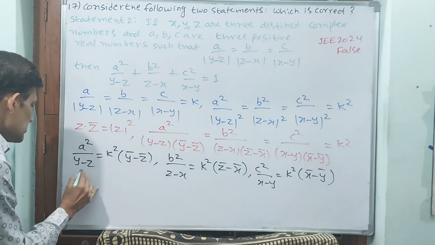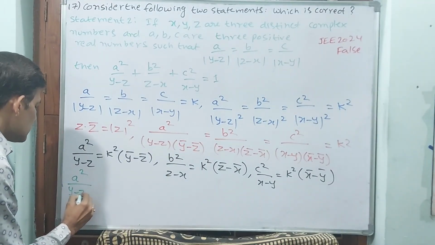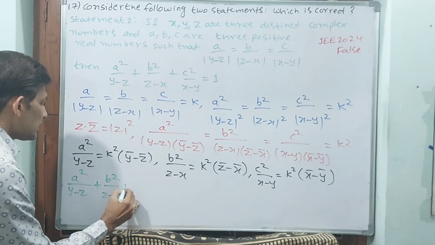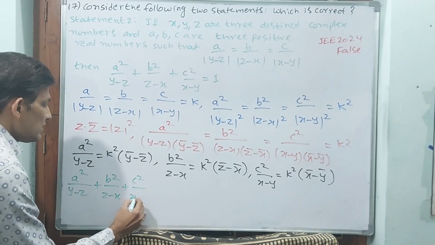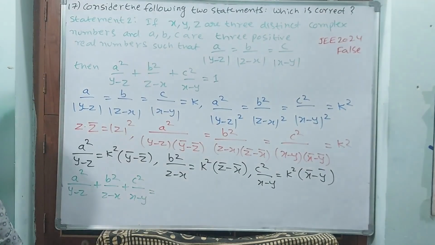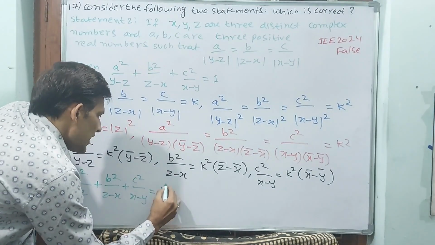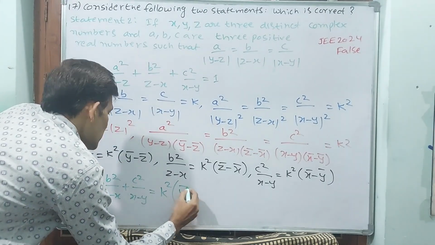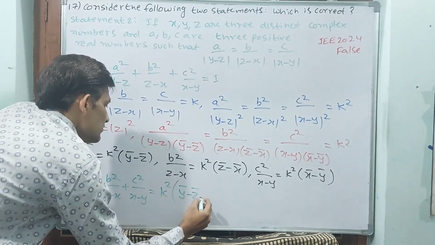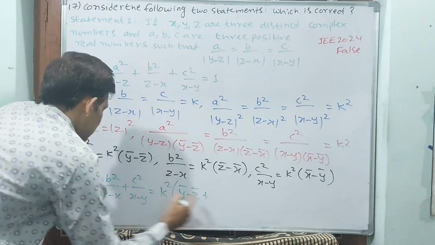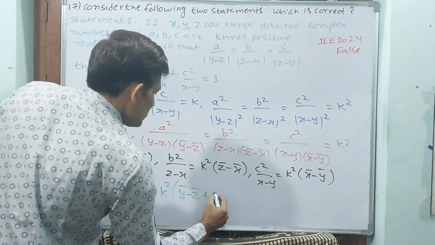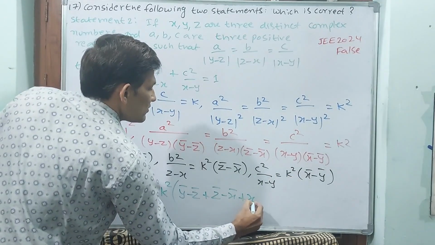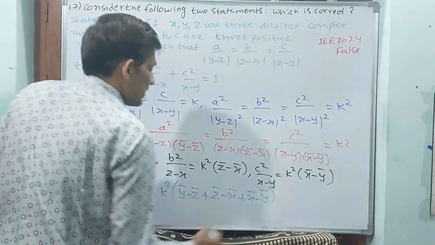That means it is equal to k square times conjugate of y minus conjugate of z, plus, because plus is there, conjugate of z minus conjugate of x, plus conjugate of x minus conjugate of y.